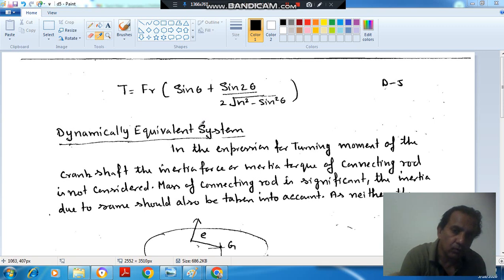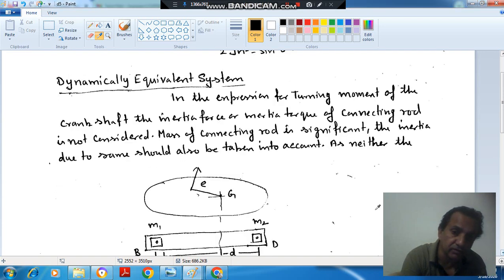So to consider the mass of the connecting rod as well as the inertia of the connecting rod, we will introduce a dynamically equivalent system. Suppose we have a system having mass m at center of gravity G. If a force is applied on this system at a distance e from the center of gravity, it will produce, suppose, acceleration f.